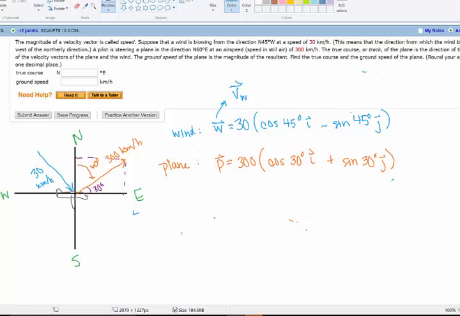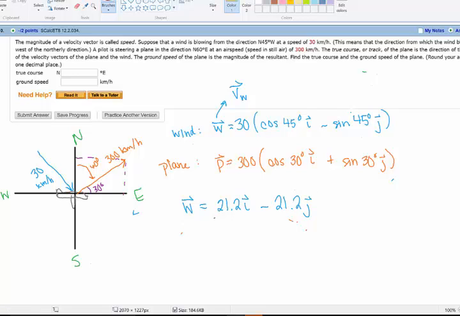And then they say to do your answers to 1 decimal place. So 30 times cosine 45, just doing that on my calculator, I get 21.2. And then minus, well, sine of 45 is the same as cosine of 45, so we just get minus 21.2 j.